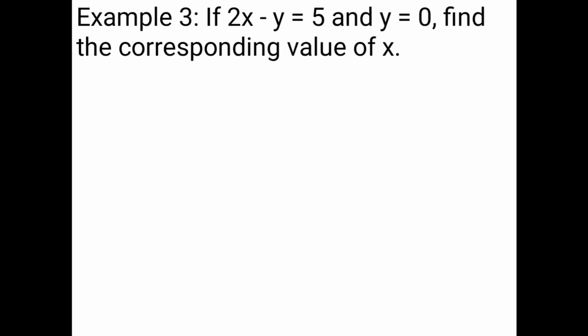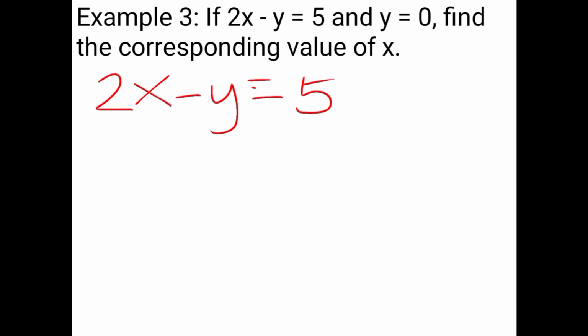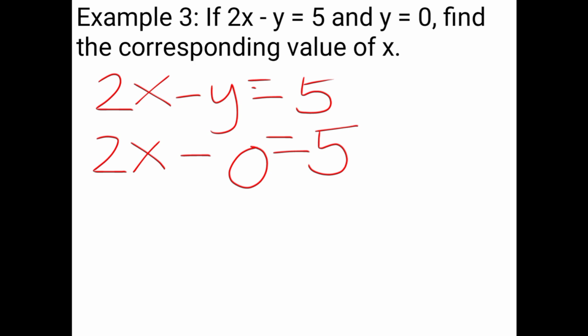Third example, if 2x minus y equals 5 and y equals 0, we need to find the corresponding value of x. By substitution again, 2x minus y equals 5 is the linear equation. So we substitute y by 0. So 2x minus 0 equals 5.